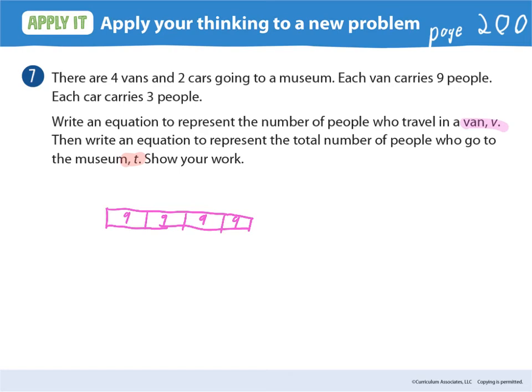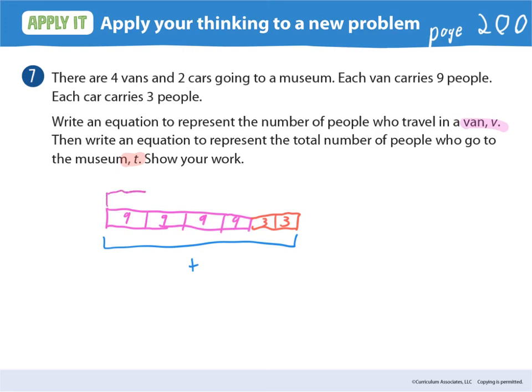There's also 2 cars. And in each one of those, there's 3 people. So now we just have to figure out how many people are in this car all together. All right, so this would be the T that we're looking for.